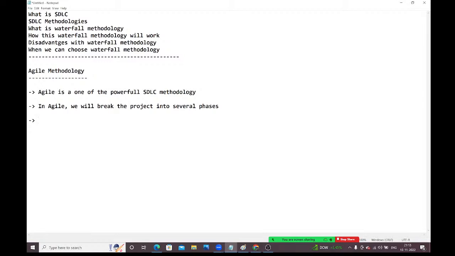Okay guys, we can also call Agile an iterative approach to develop and deliver the project. But waterfall is not an iterative approach.